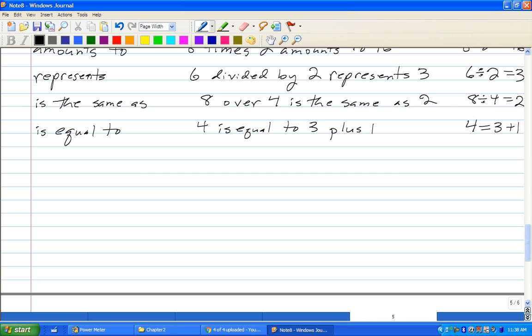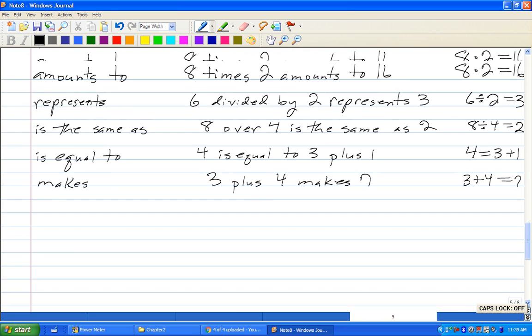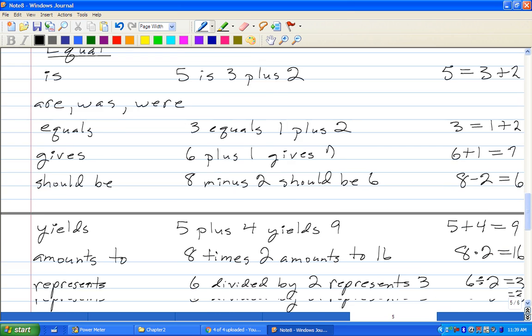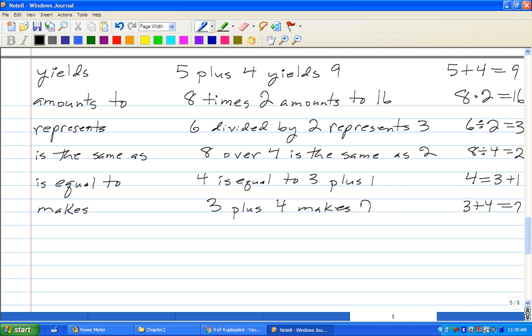Makes: 3 plus 4 makes 7, so 3 plus 4 is equal to 7. Okay, so that's some words that would give you equal.